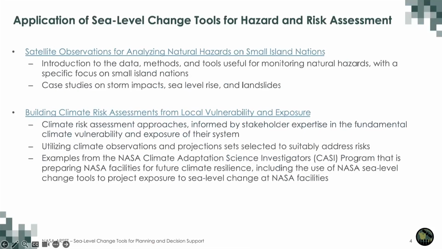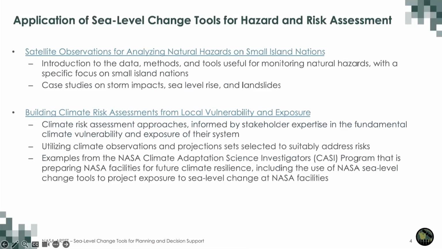The second training is called Building Climate Risk Assessments from Local Vulnerability and Exposure. This training provides an overview of climate risk assessment approaches. It talks about how to utilize climate observations and projection sets. Again, how to suitably select those for specific applications in terms of vulnerability and risk exposure.